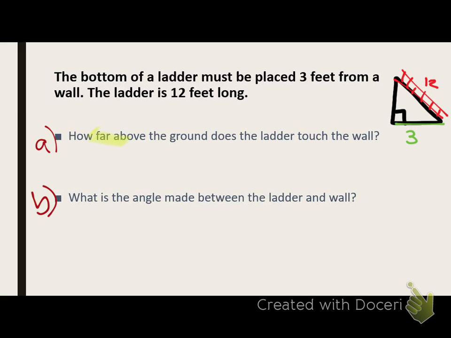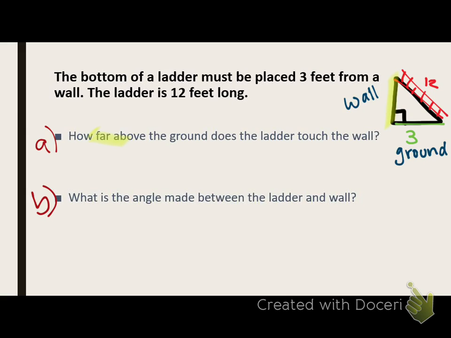How far above the ground does the ladder touch the wall? Which of these sides represents the wall? The vertical. Which of them represents the ground? 3. Yeah, the bottom, right? So how far does the ladder, which is up here, touch the wall? So you're looking for a height there.